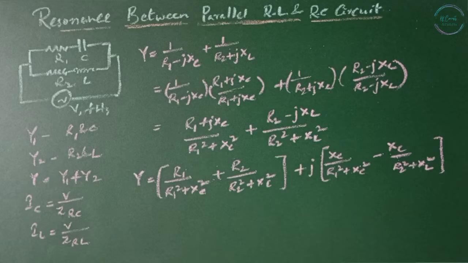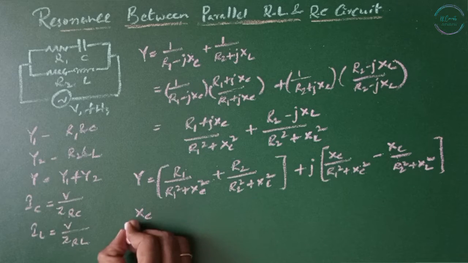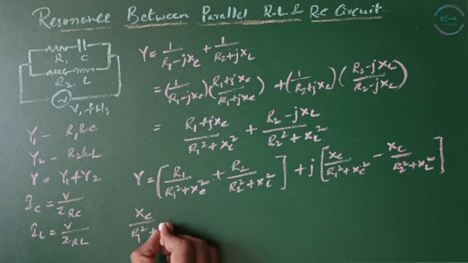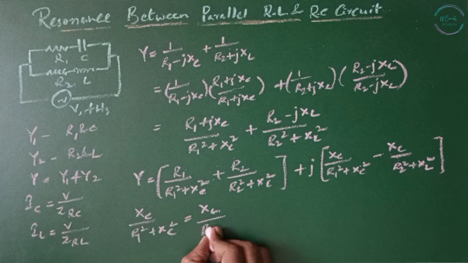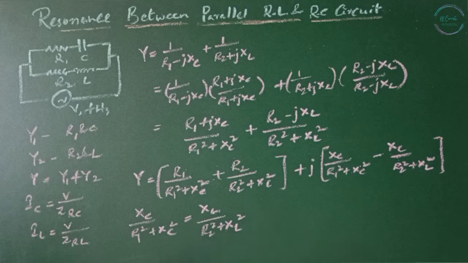The circuit will be in resonance when the imaginary parts of the capacitive and inductive admittances cancel. At resonance, XC by R1 square plus XC square equals XL by R2 square plus XL square.